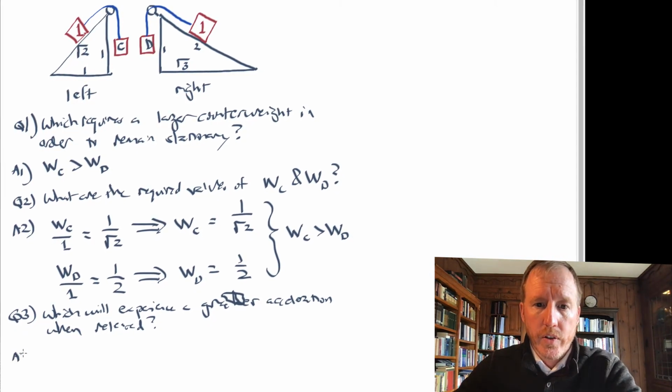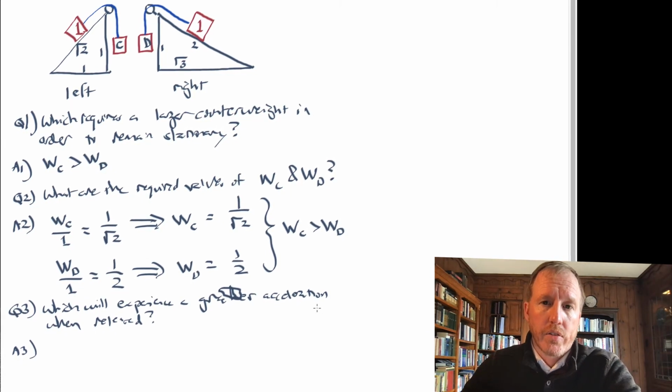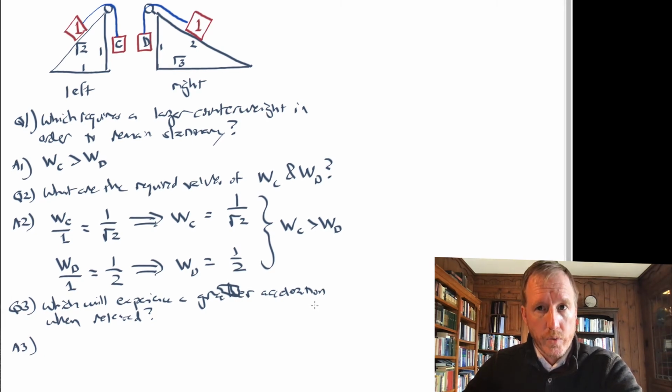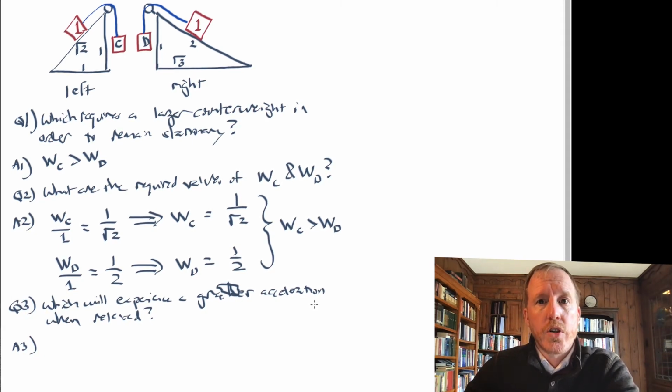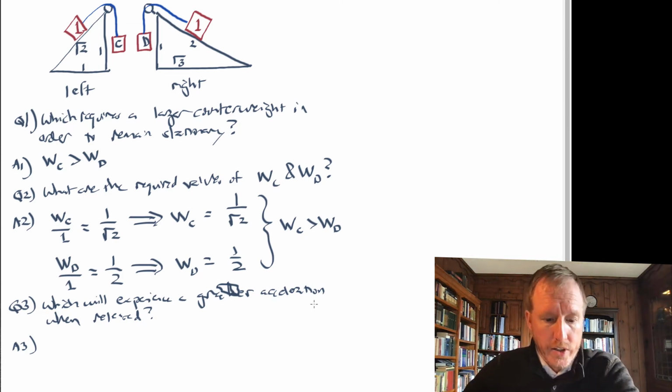Well, we know the answer to that. We know intuitively that the block on the left is going to slide down more rapidly because it's a steeper ramp. But it's also, and this is what Galileo was getting at, because it took a larger weight to support it. And that's going to give us a strategy for figuring out how much greater the acceleration is.